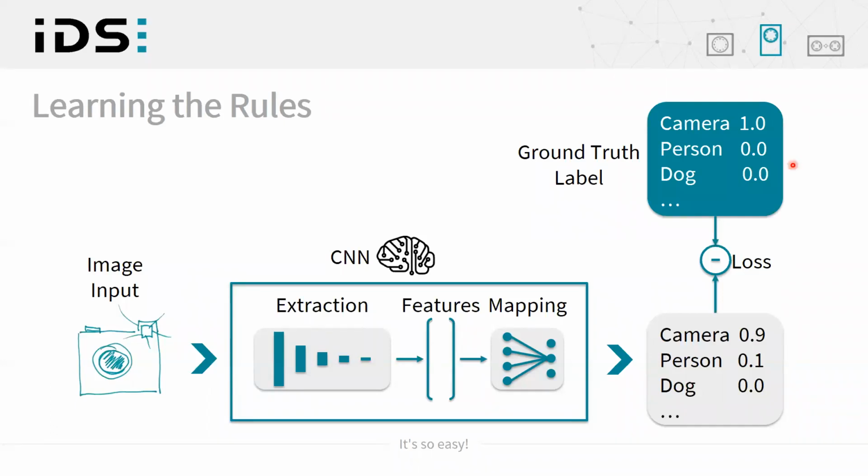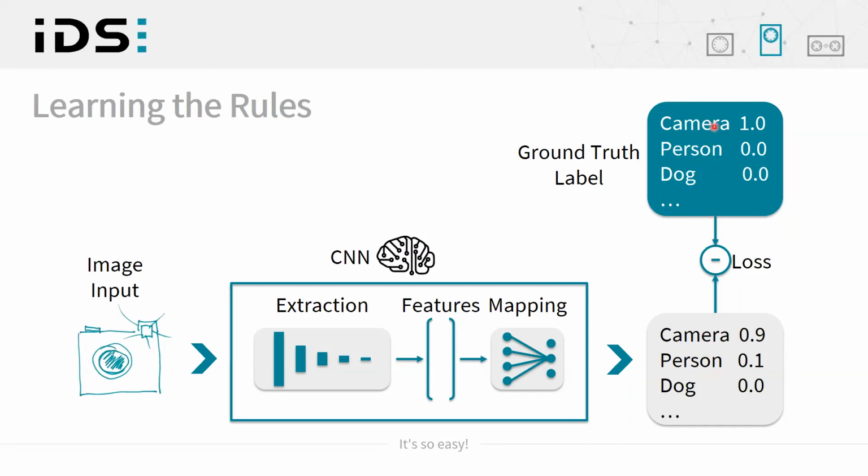So if our camera drawing expert looks at this image, then they're quite certain that this is, with high confidence, a camera. And the neural network learns by comparing this label with its own prediction. A sort of error is calculated.